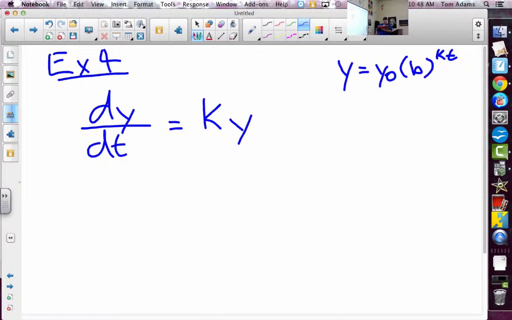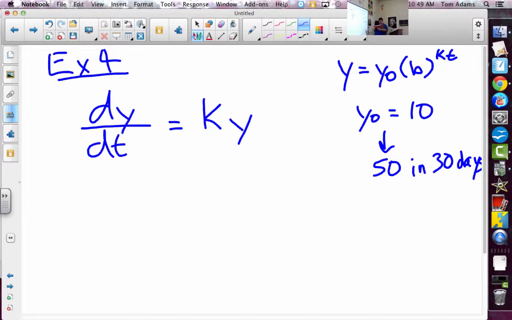What they tell us is that you started with 10. So the initial amount, y naught, is equal to 10. And then it goes as high as 50 in 30 days. So you have 50 in 30 days. And so the growth is exponential because it's proportional to the population.